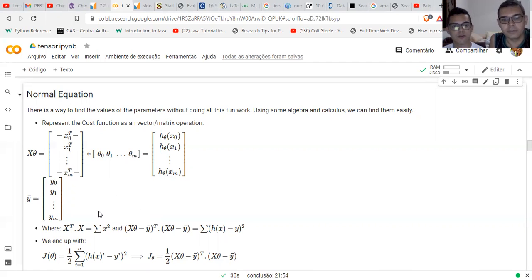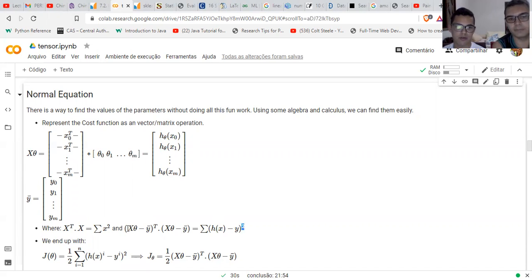So we have a simple rule here that x transpose times x is equal to the summation of x squared. And this is basically what our cost function is, that is the h of x, that is x times theta, minus y, and squared.